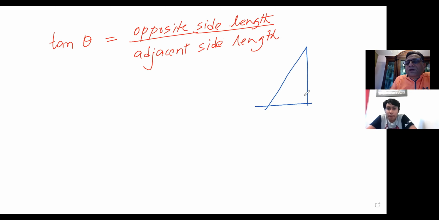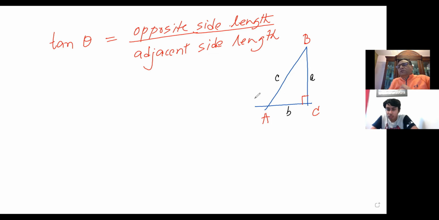Yeah. And we are working in this particular right angle triangle. Sides, let us say, as we had drawn last time, was ABC, and the nomenclature to label the sides is lowercase abc, right?